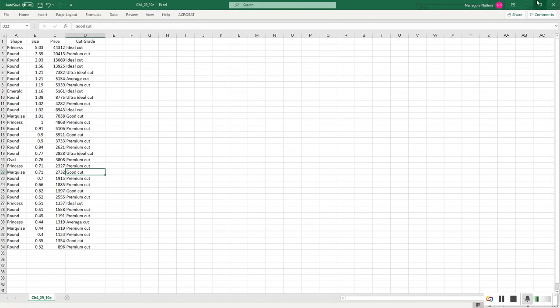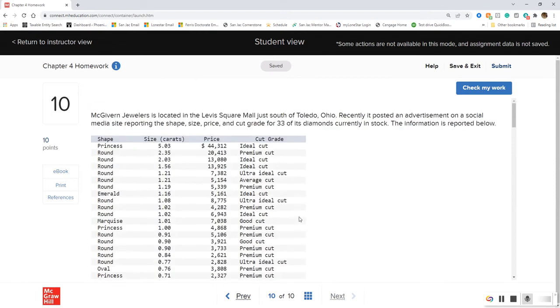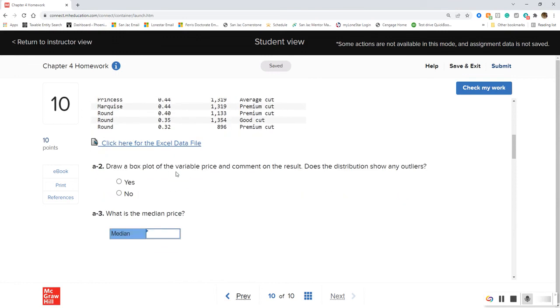So we're looking for, I guess, price. Yeah, because you get multiple items here. Lots of fun stuff. So draw a box plot. Yeah, variable for price.